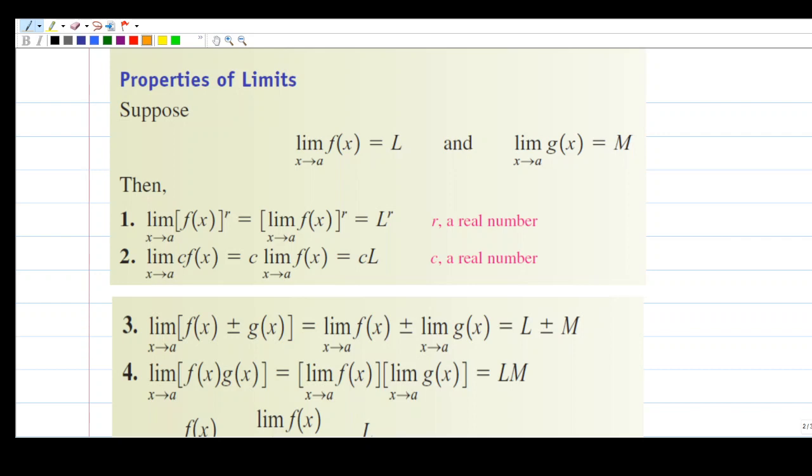Right, so number 3, we're taking really the limit of the sum or the difference of two functions as x approaches a. It is the same as taking the sum or the difference of the limits of those individual functions as x approaches a.